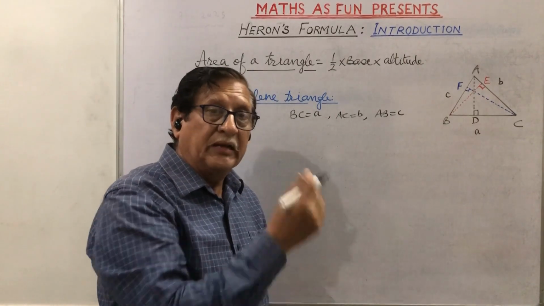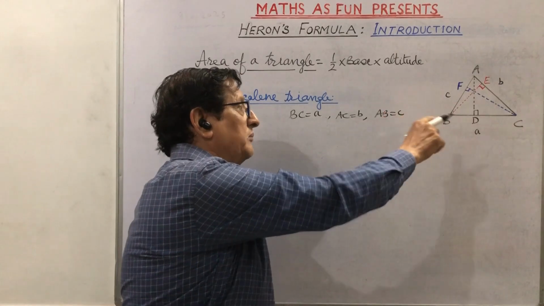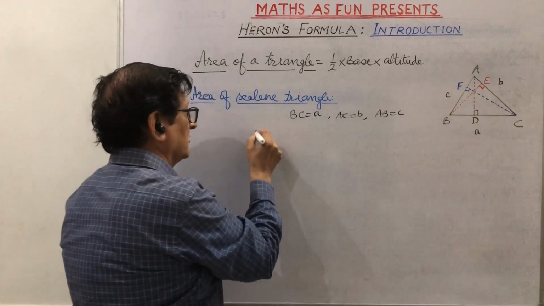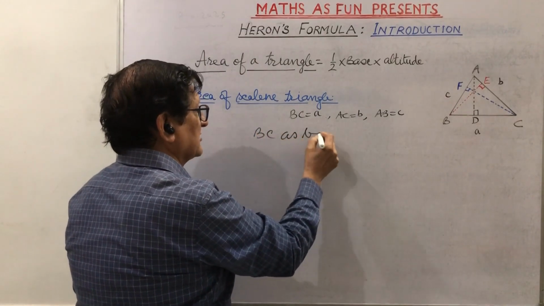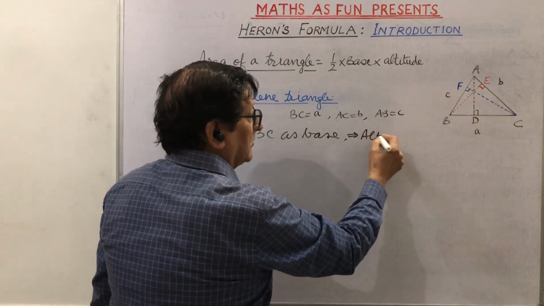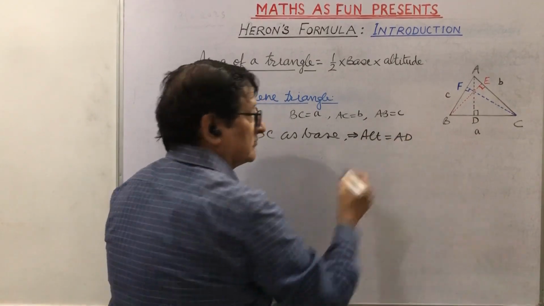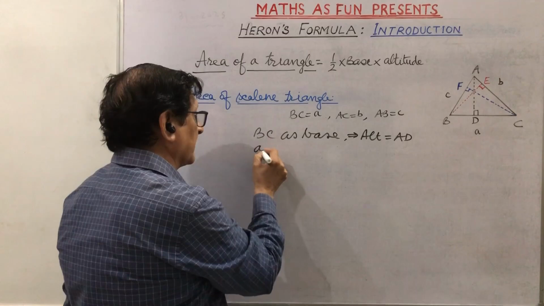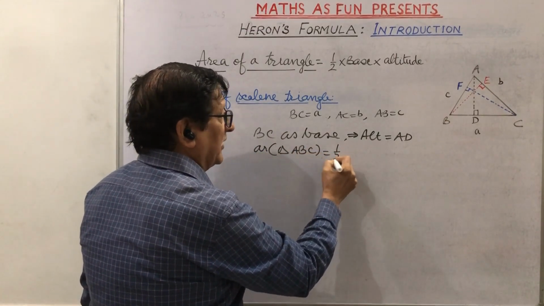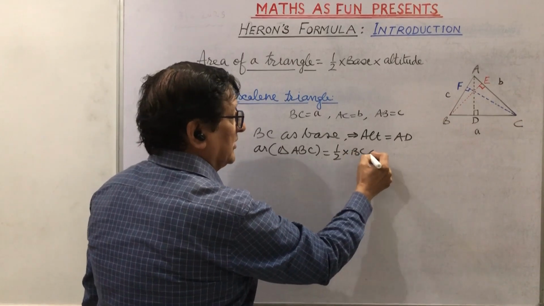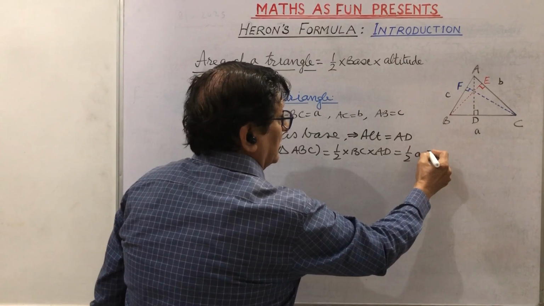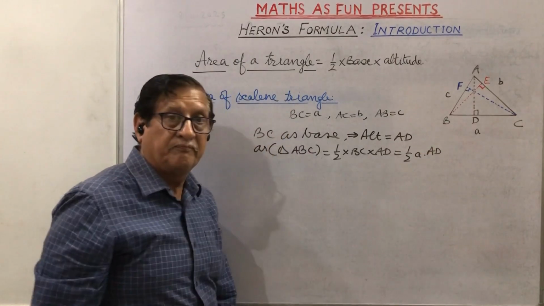As we know, any of the sides of the triangle can be taken as base. If we take BC as the base, then altitude will be AD, and hence the area of triangle ABC can be found out by half into BC into AD, that is half into A into AD.